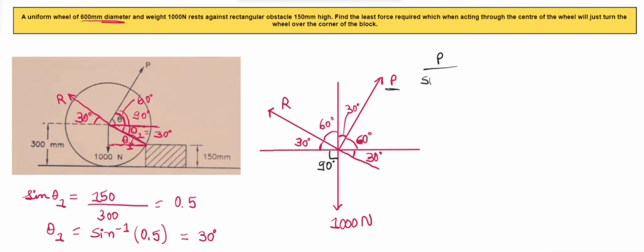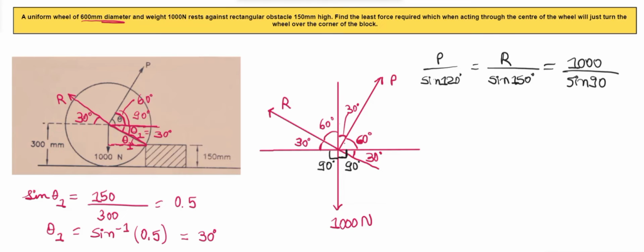So we'll write it as P divided by sine of 120 degree is equal to R divided by sine of, here we'll find this total angle. This much is 90 degree and here it is 60 degree, which means 90 plus 60. So it will be R upon sine 150 degree. Then for 1000 Newton, this is the opposite angle which is equal to 90 degree. So it will be 1000 upon sine 90 degree.